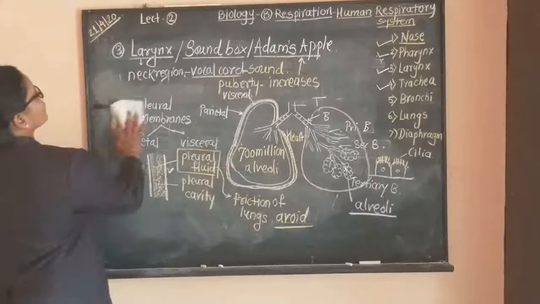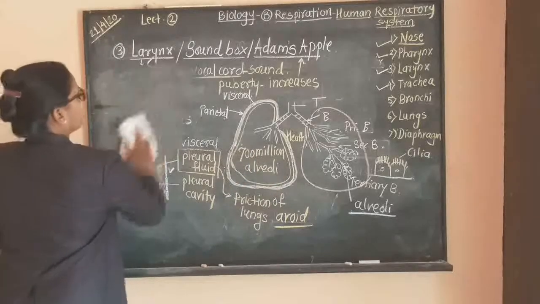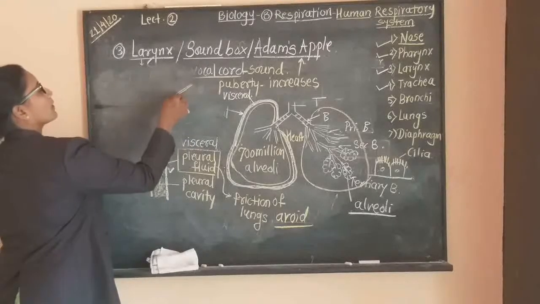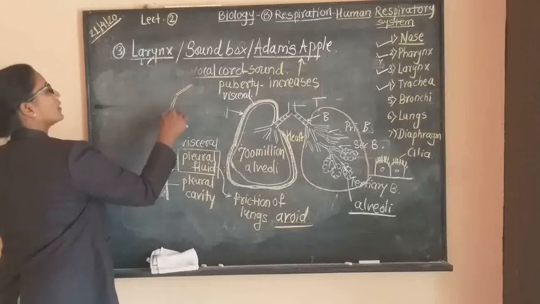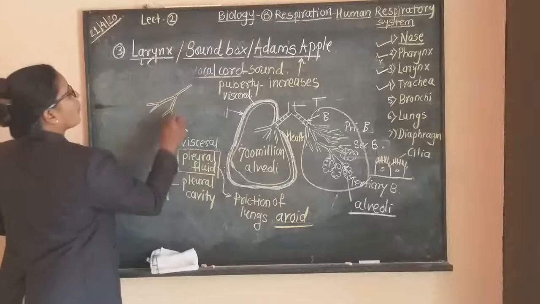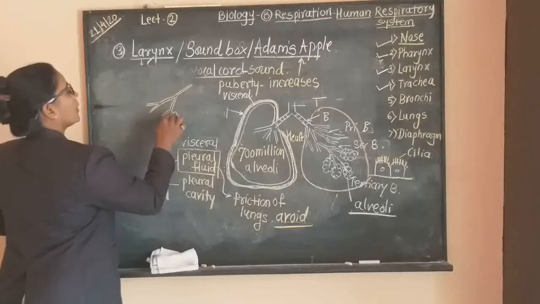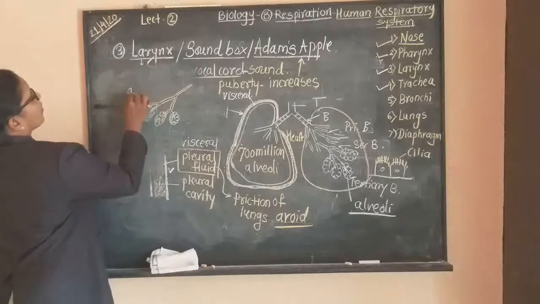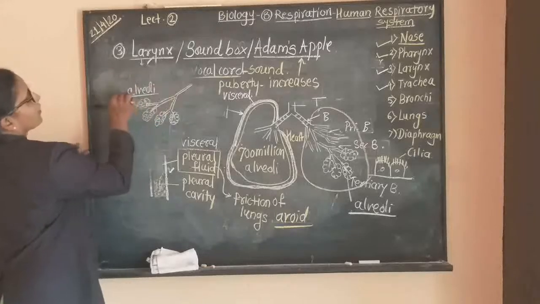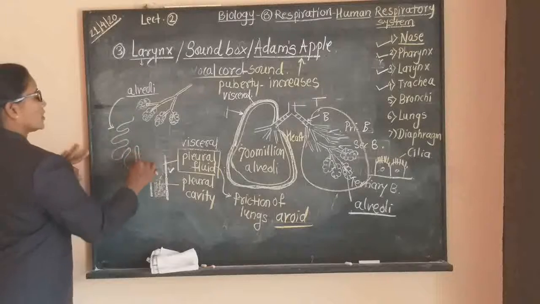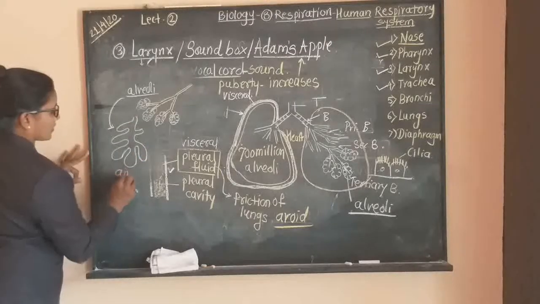Now if you observe a single alveolus, see, this is the smaller bronchiole, that is the tertiary bronchiole. These tertiary bronchioles open into a bunch of grape-like structures. These grape-like structures are called alveoli. If you observe a single alveolus, it consists of such air sacs.